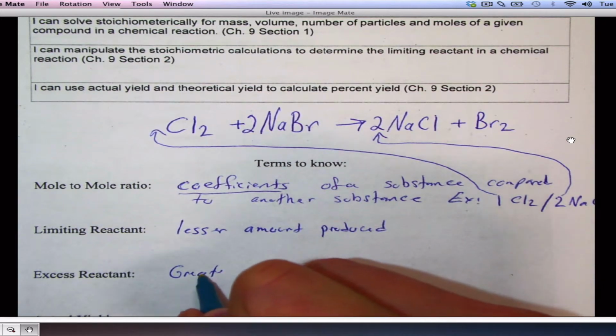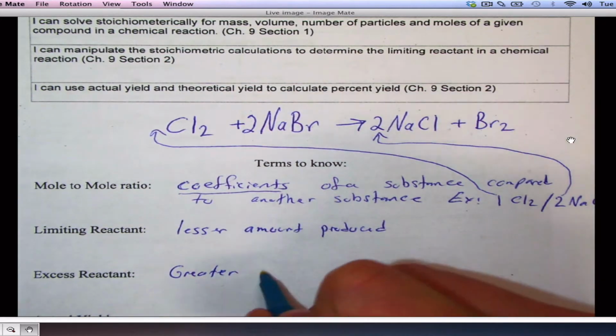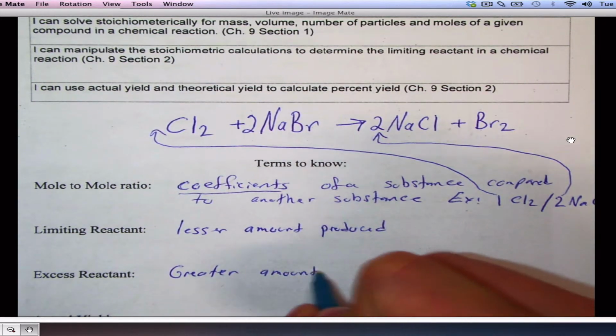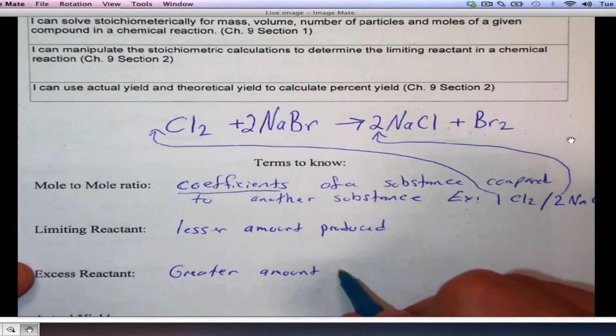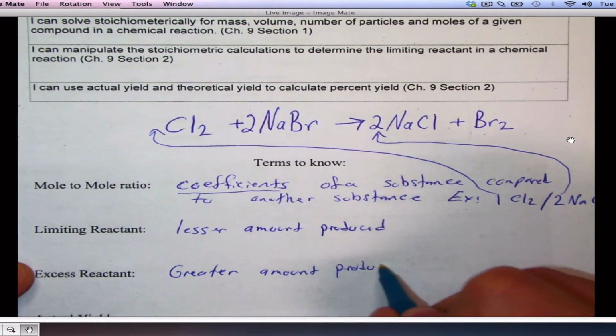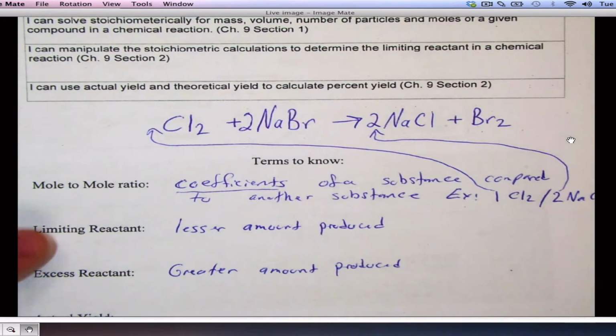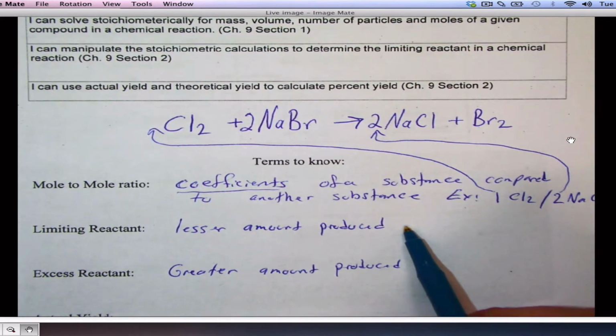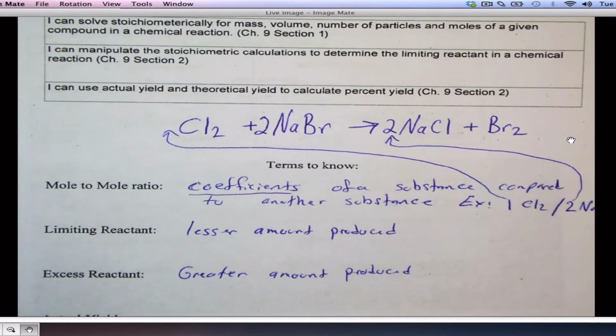So when we do our calculations, there is going to be a lesser and greater amount produced when we deal with limiting and excess reactants. The limiting reactant limits how much you can make, hence it's called a limiting reactant. The excess reactant is what you have left over. So this is going to be limiting, in other words, it's going to be the lower amount, and for this one you're going to actually have extra of this stuff.